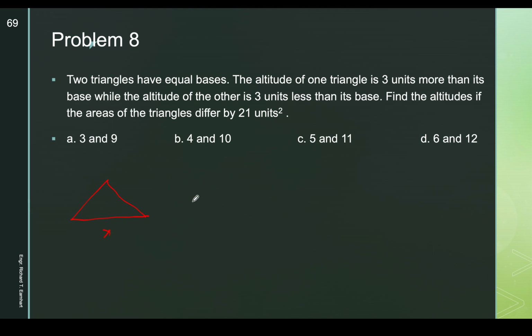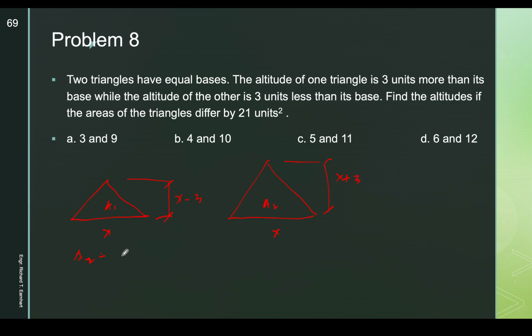Let's say it has side x, and then the height is 3 units less, so x minus 3. And then the bigger triangle, okay, with same base x, the altitude is 3 units more, so that will be x plus 3. Now the area, the difference, no? So this is let's say A2, this is A1.